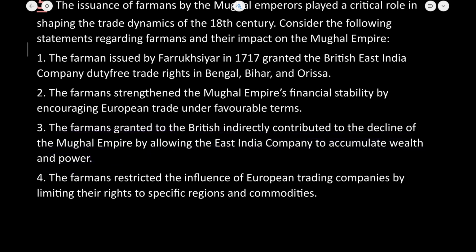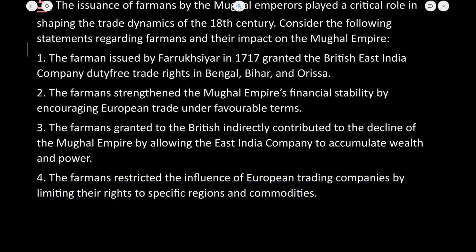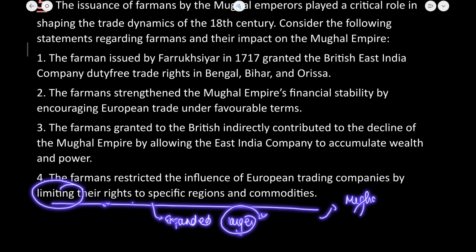Absolutely correct. The farmans restricted the influence of European trade companies by limiting their rights to specific regions and commodities. Now, this is what I was telling you about: they didn't use the rights or privileges given to the European companies to a limited extent. They expanded and used them in larger areas with fewer restrictions, and they undermined both the Mughal control and the local merchant control of India.